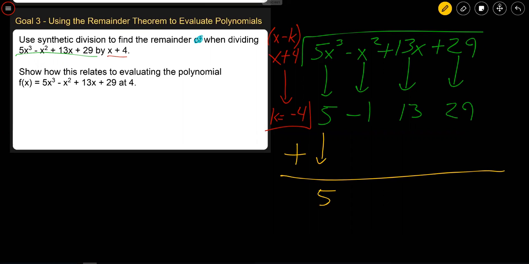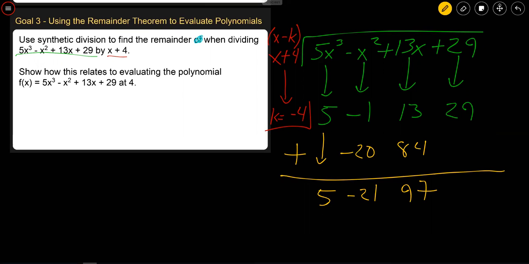Bring down the 5 first. 5 times -4 is -20. -20 plus -1 is -21. -21 times -4 gives me positive 84. 84 plus 13 is 97.